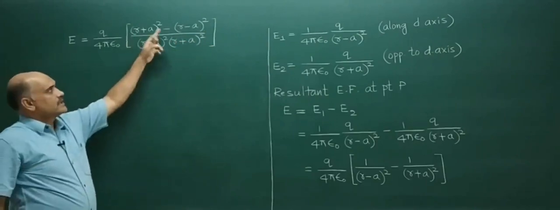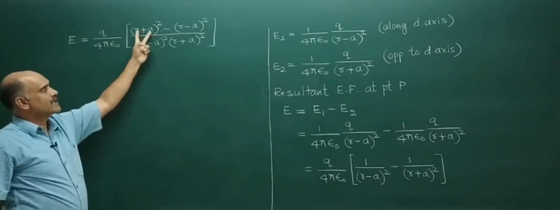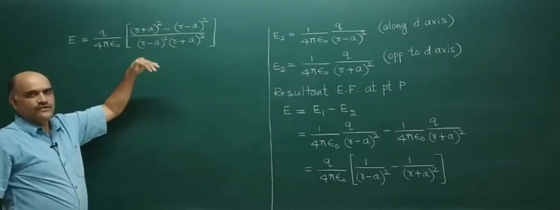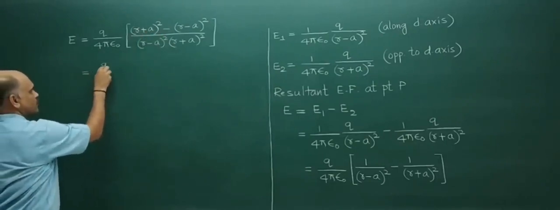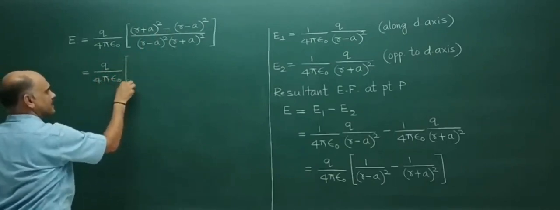Now in the numerator I will apply a square minus b square. Even you can take (a plus b) whole square and (a minus b) whole square. It will be easy to apply a square minus b square. So Q by 4 pi epsilon naught into bracket.